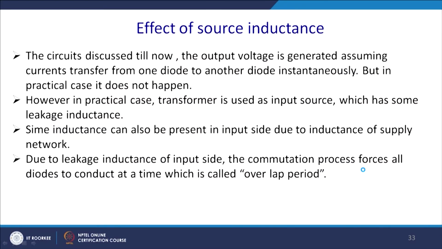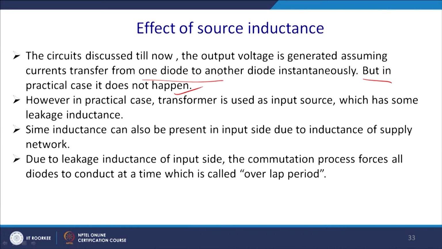In the circuit discussed till now, the output voltage is generated assuming current transfers from one diode to another diode instantaneously. But once there is a source inductance, it does not happen. So, we have an overlapping angle, which in the ideal case does not exist. However, in practical cases a transformer is used as a source, which has some leakage inductance, so we have to incorporate it into the system.